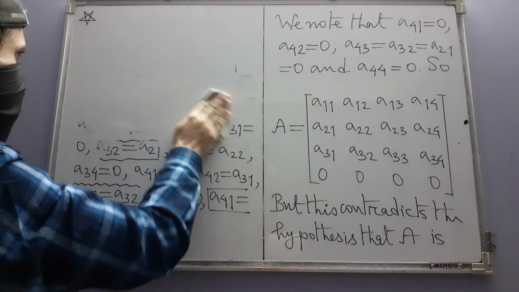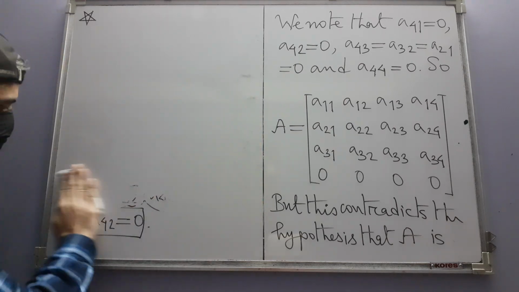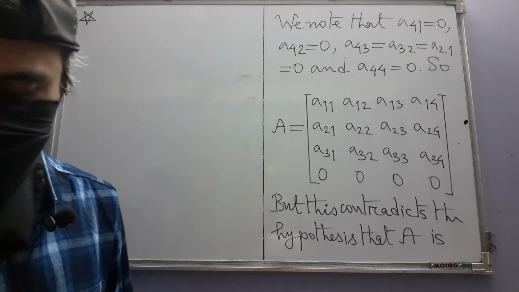And this contradiction, of course, arises from our supposition that the given matrices are similar, and that is why they cannot be similar.